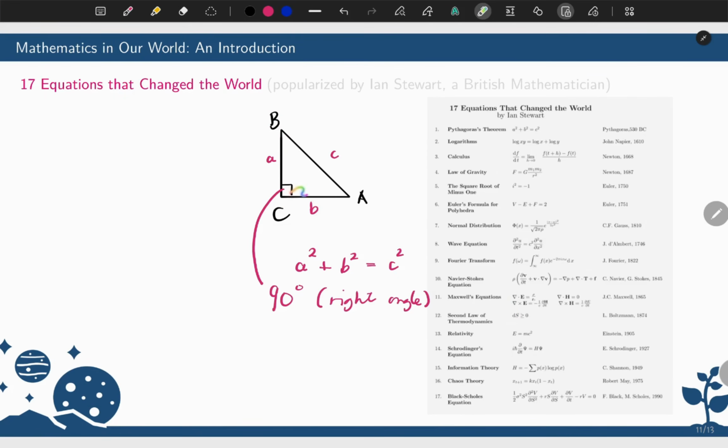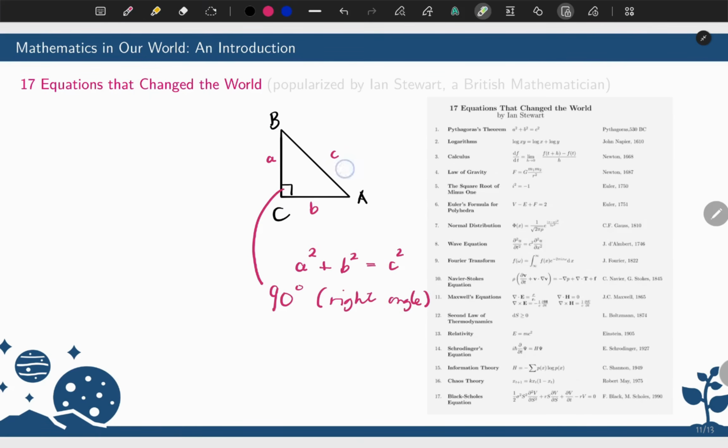And then for the right angle C, the opposite side is the hypotenuse. Take note that the hypotenuse is the shortest way to go from point A to point B, instead of taking this and then taking that. So you see that you apply that in real life, don't you?